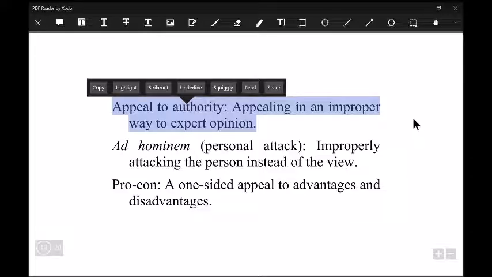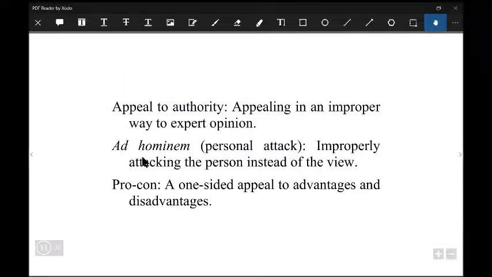And if any of those conditions are violated, you can't say they have to be right. If you appeal to people where there's a difference of opinion among the experts, or you appeal to someone that isn't an expert in the field, that's a bad appeal to authority.